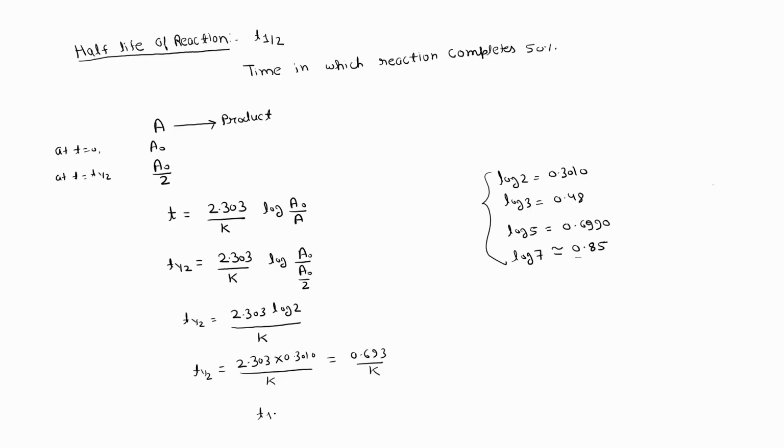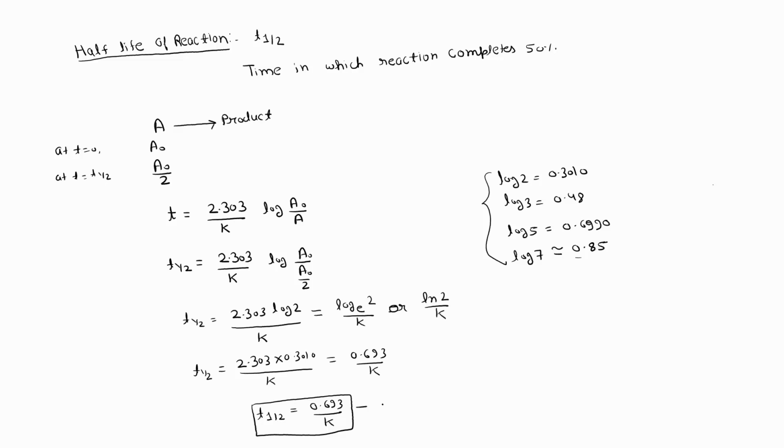So T half is equal to 0.693 by k. Or we can directly say 2.303 log 2 is ln 2, or log base e 2, by k.